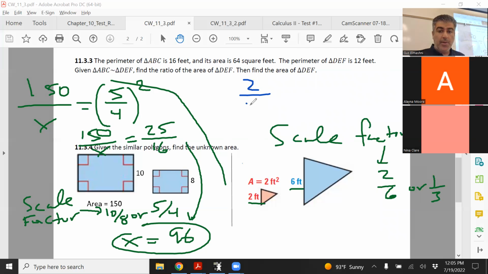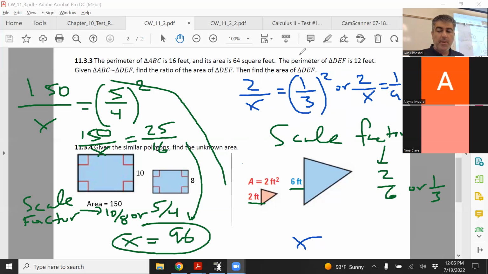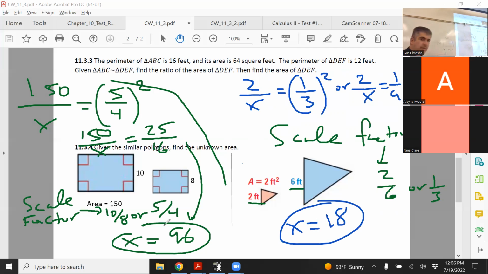The other triangle I don't know, call it x, equals 1/3 squared. Or 2 over x equals 1/9. X will be 18. Should be 9 times as much because the scale factor is 1 to 3. So again, that's scale factor.